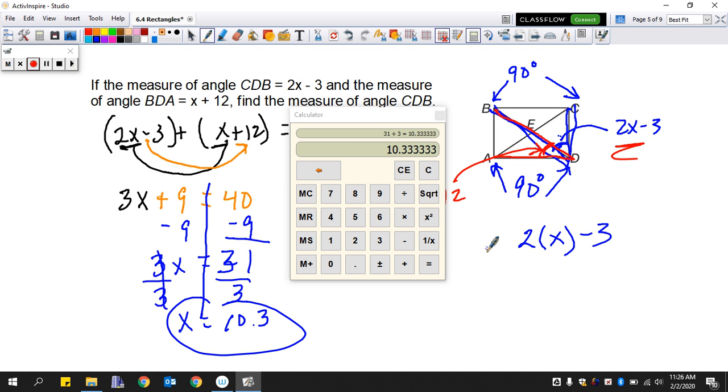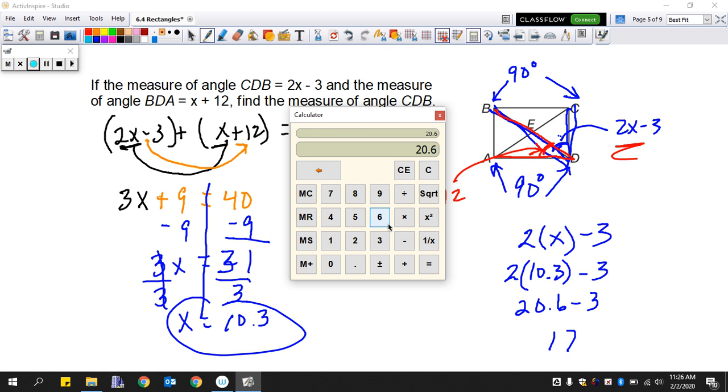And so 2 times 27 minus 3 is 54 minus 3, which is 51. Okay, so that's 51 degrees.